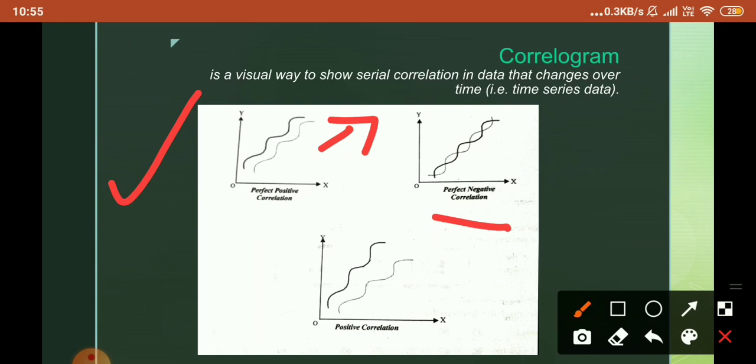Here both are of the same shape but away from each other, so it is positive correlation. This is a perfect positive because they have the same shape and same distance, going up exactly the same way. These are of opposite shape, so that is the case of perfect negative correlation.